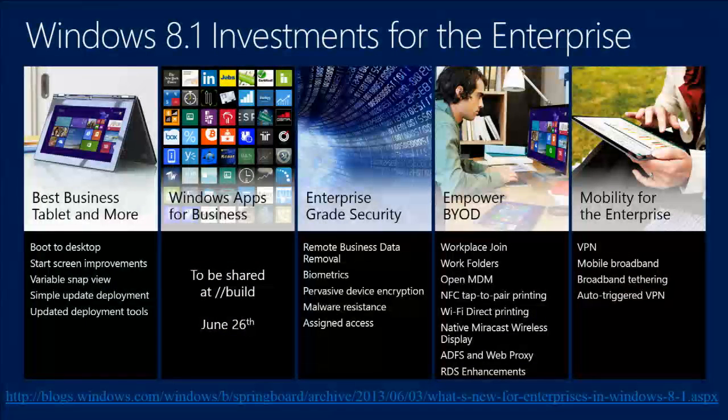The other functions that are covered in the blog postings that Stephen went through are listed here: boot to desktop, start menu improvements, variable snap views, lots of additional capabilities being added into the operating system. I would encourage you to read through the blogs to get more details on those and to check out all the additional sessions that we listed as we went through here.